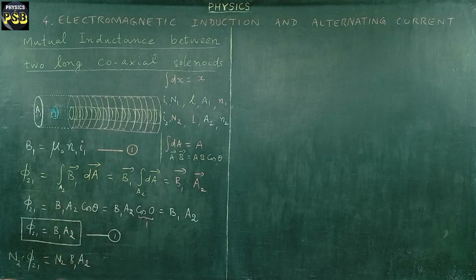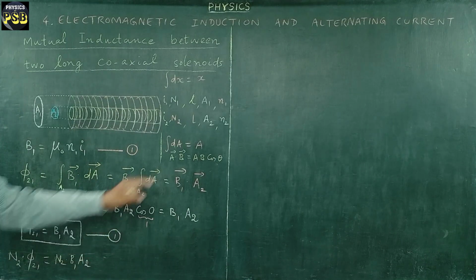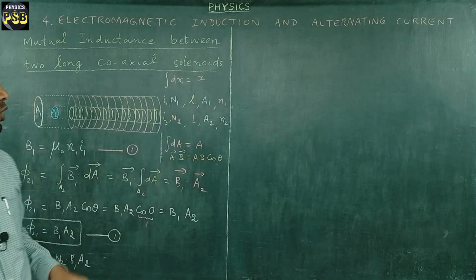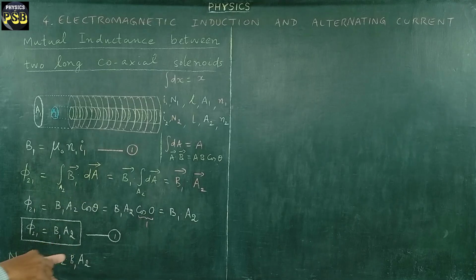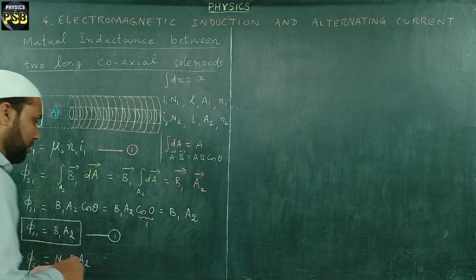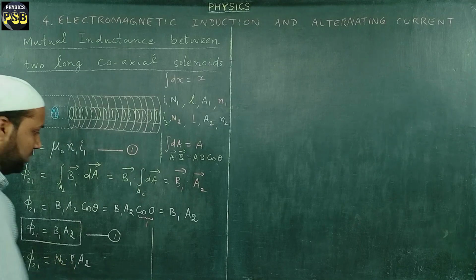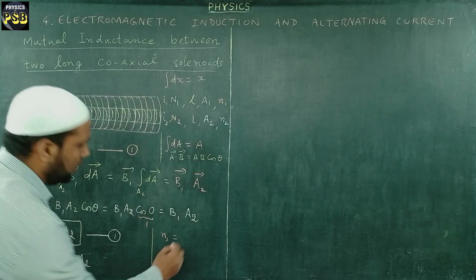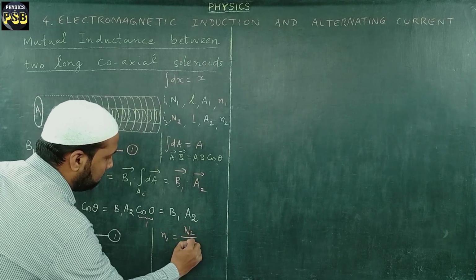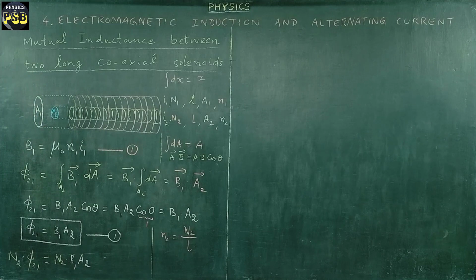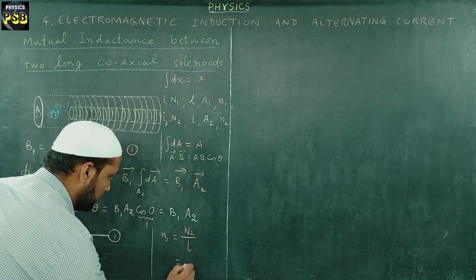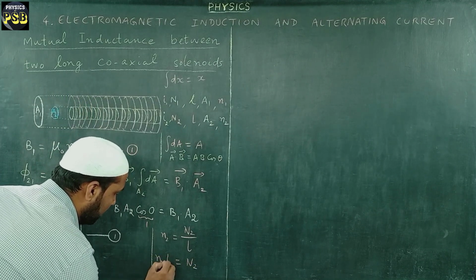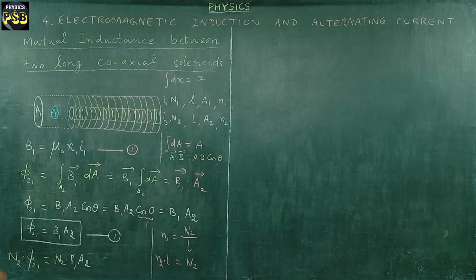And here I told you earlier, small n2 is the number of turns present per unit length of a given solenoid. Otherwise it is known as turn density. By keeping that in mind, capital N2 equals small n2 multiplied with L, small l, which is the number of turns per unit length times the length.